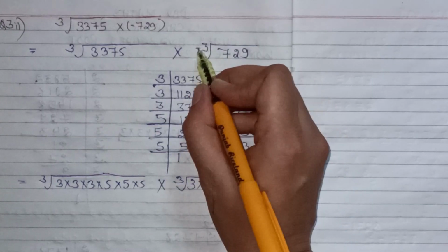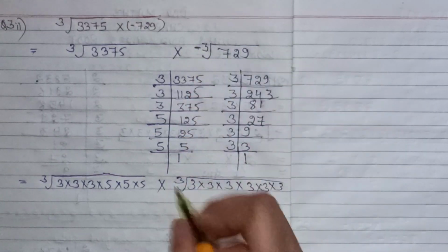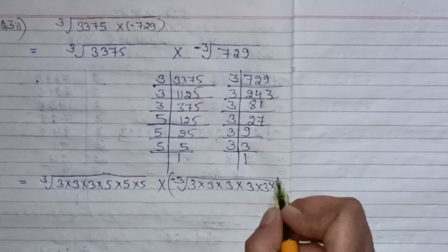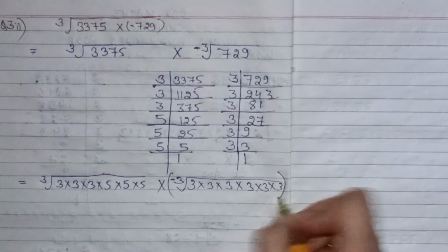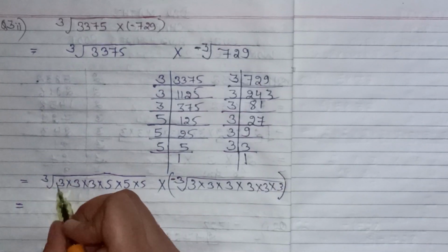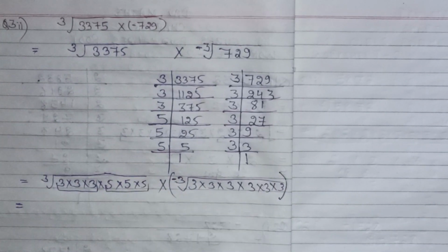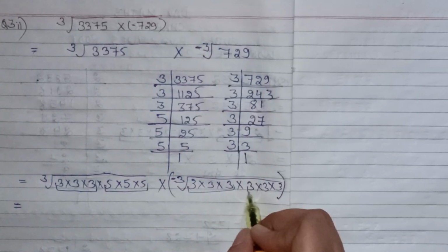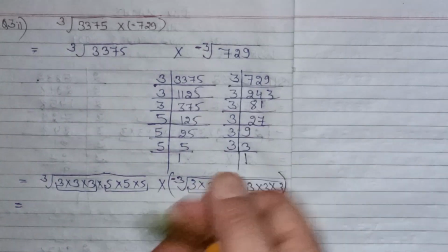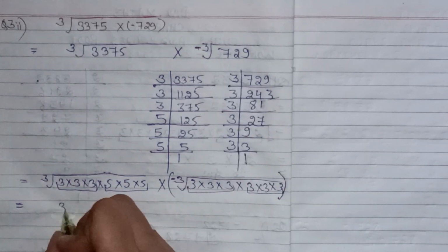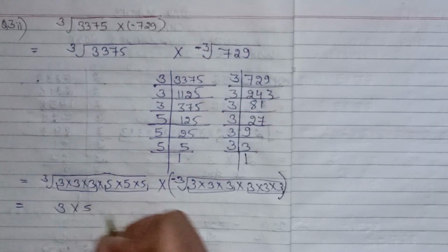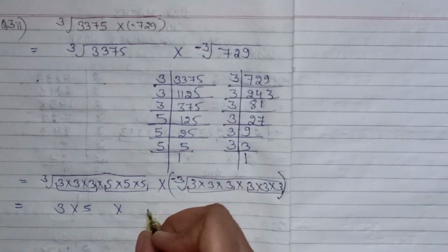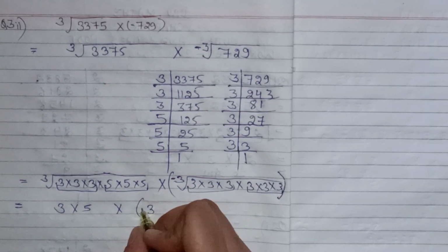But also remember that the minus sign is also there. So we write this in a bracket. So this forms a triplet here, this forms a triplet here, this forms a triplet here, this also forms a triplet here. So from here I write only 3, from here I write only 5, multiplied by only one number 3 but of minus.